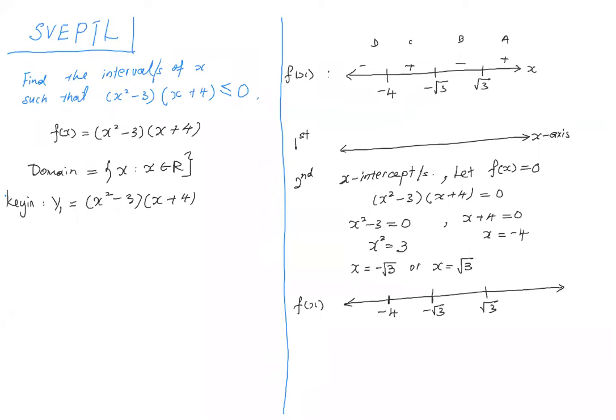Okay, for those who want to know why I can get it easily: for any polynomial, if there is no repeated root and the coefficient of the highest degree term is positive, I will start from the right with positive, then negative, alternating, unless there is a repeated root.